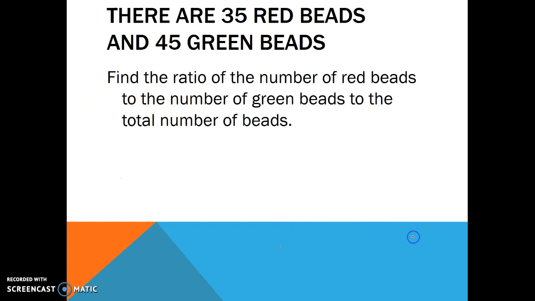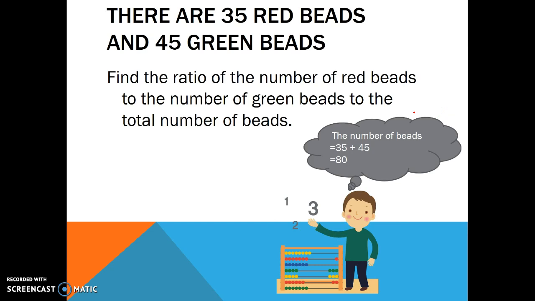All right, let's look at letter B on your page. It says, find the ratio of the number of red beads to the number of green beads to the total number of beads. So first of all, do we know what the total is? I guess we do because we have 35 and 45, so we can total that up. If we add them together, we get 80 beads.